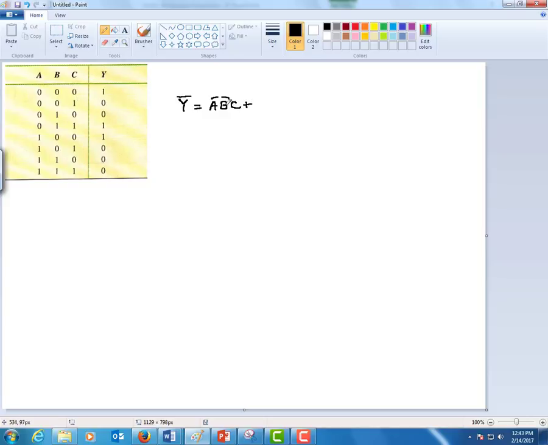Or when a is low, b is high, and c is low, right?